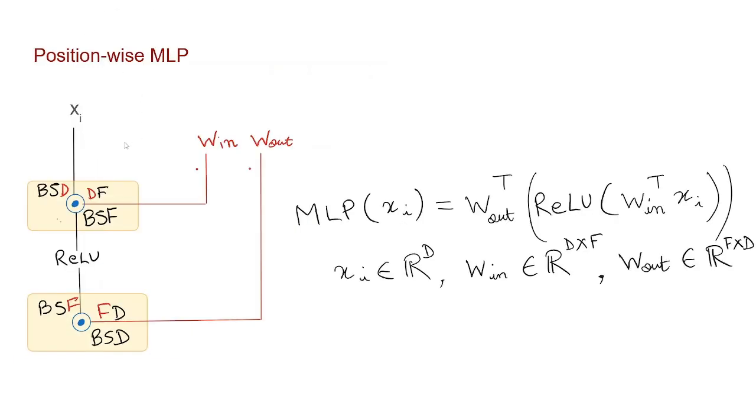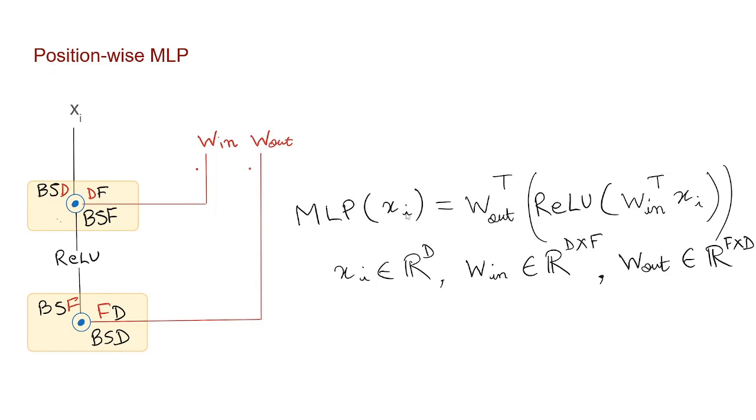After the self-attention module, we have the position-wise feed-forward network, which we can represent in this way. So it's basically a linear layer followed by a non-linearity followed by another linear layer. Here X is of shape BSD, and consider B equal to 1.